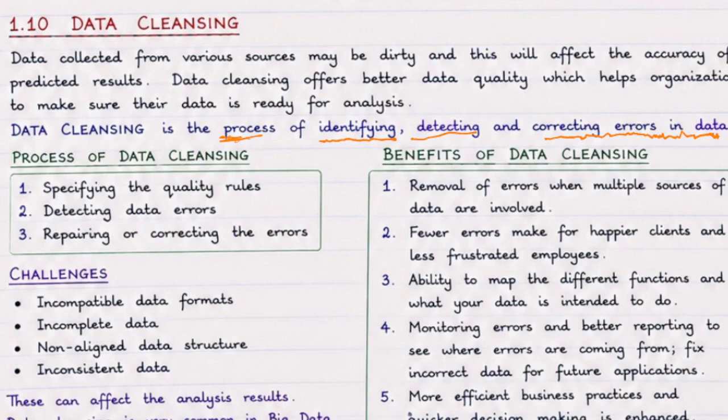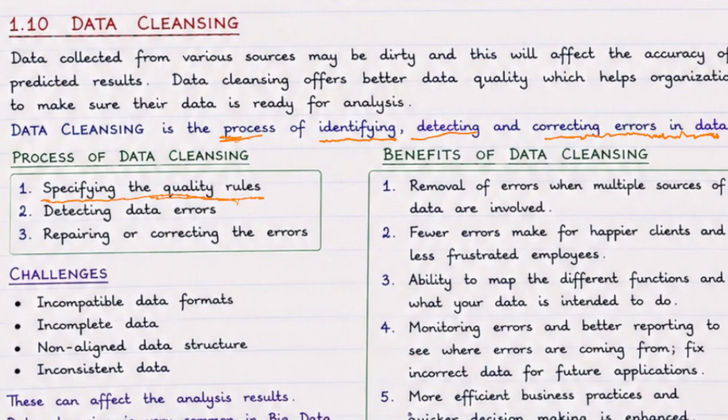Now we want to look at the process of data cleansing. First, specifying the quality rules. I'll give you a real life example. Let's say in your class, the data that you want to collect follows a quality rule that you must only pick out boys with a measured height.